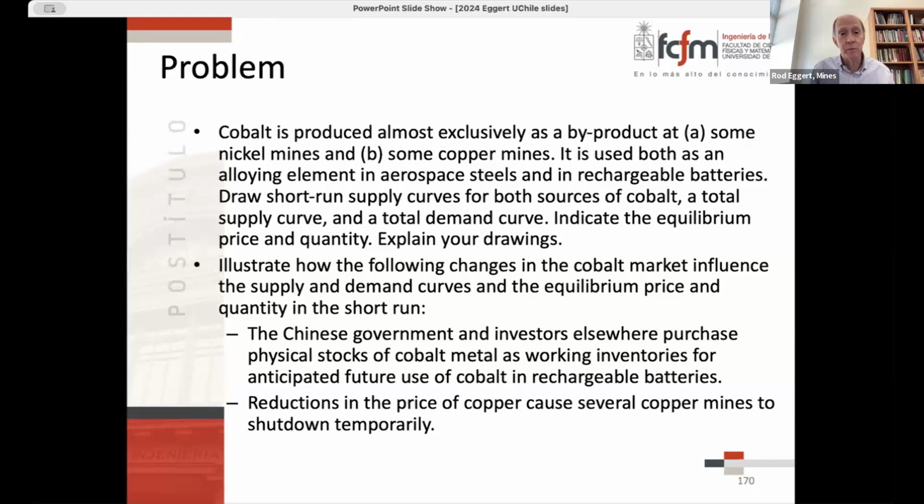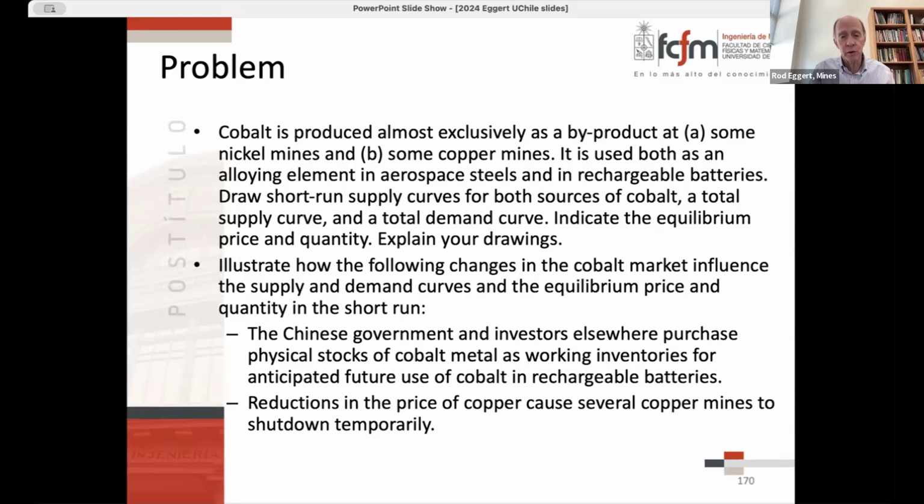And so the exercise, or the assignment if we were doing this as an assignment, would be to draw short-run supply curves for both sources of cobalt, a total supply curve, a total demand curve, and then indicate the equilibrium price and quantity. In the next couple of slides, I trace out how we might draw these curves.